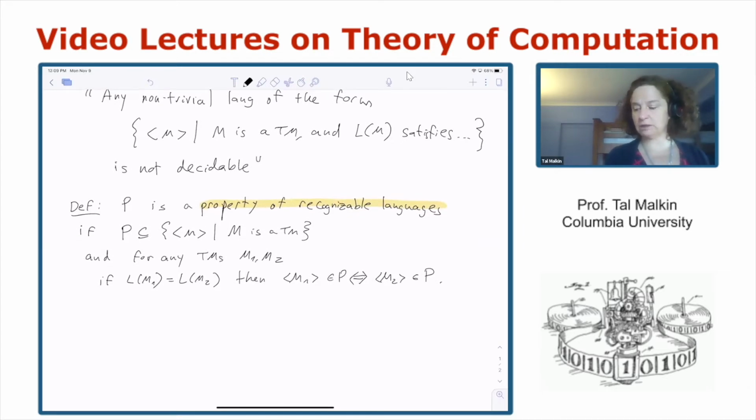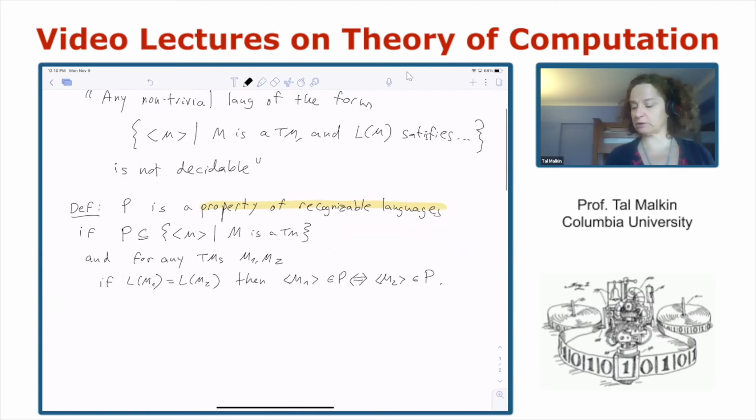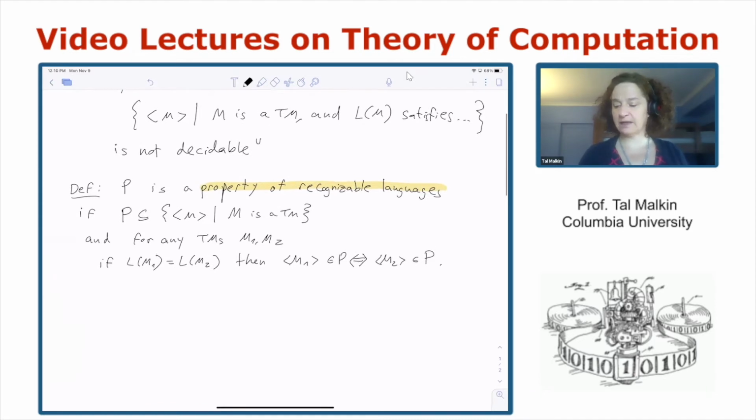Given a Turing machine, it's some property of the actual language. If two Turing machines have the same language, then they either both satisfy the property or they both do not satisfy the property. Okay, this is what it means. Any two Turing machines that recognize the same language, either both have the property or both do not have the property. Okay, so that's the definition of being a property of recognizable languages.